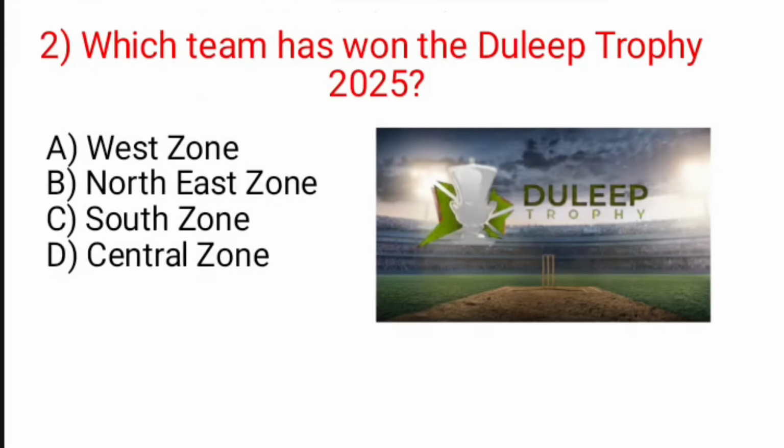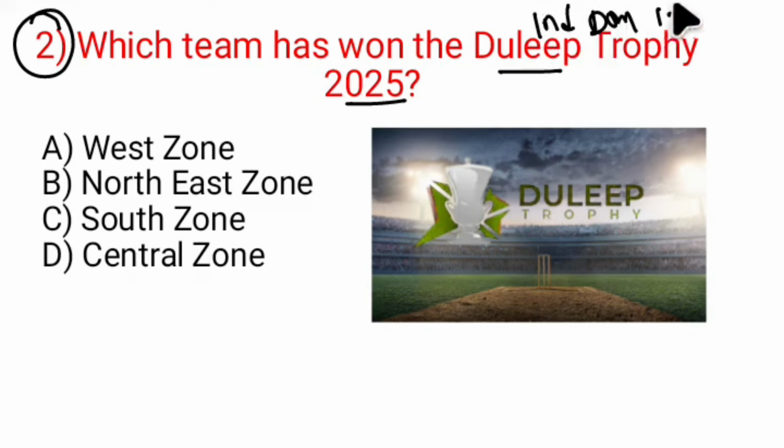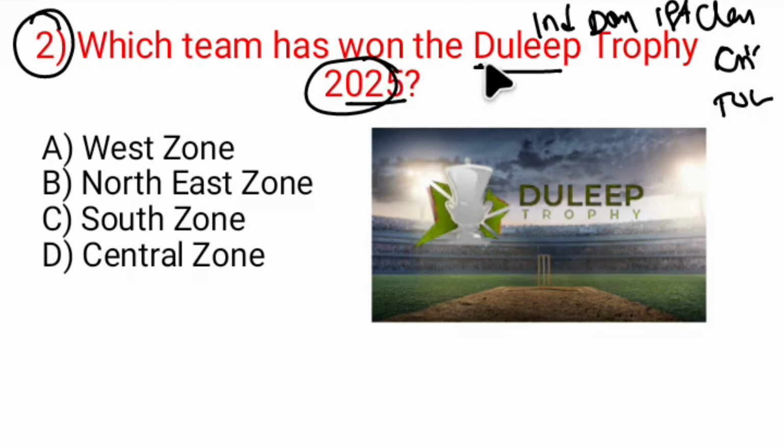And moving next, question number 2. Which team has won the Duleep Trophy 2025? Remember, Duleep Trophy is India's domestic first class cricket tournament, and for the year 2025, this is the 62nd edition.